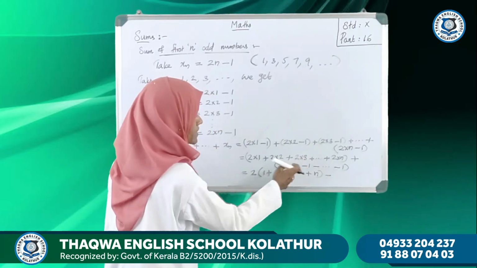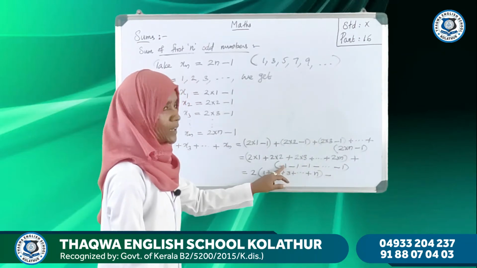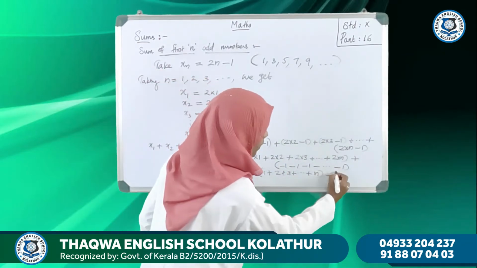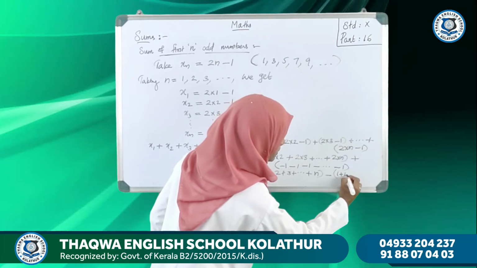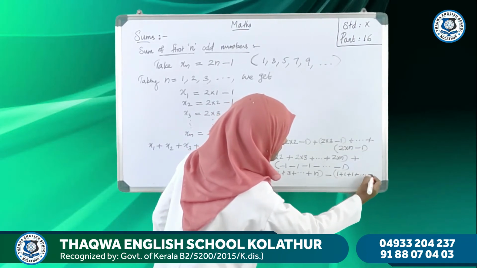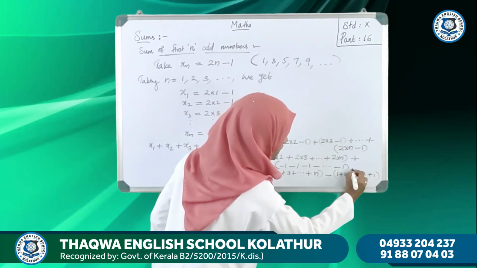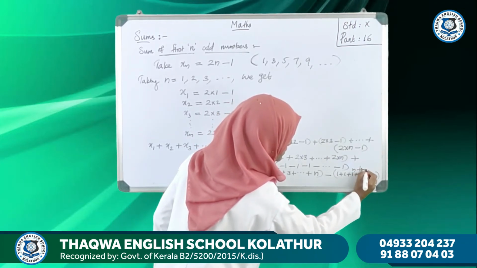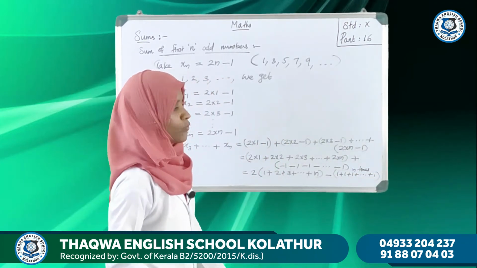Take minus outside. All these are minus 1, so minus of 1 plus 1 plus 1 plus etc. plus 1. How many times? n times. n times 1.